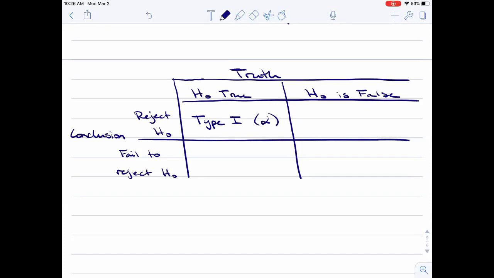In fact, that's what we call our power, and it's 1 minus beta. We haven't talked about power yet, and I'm not sure that we'll touch on it.